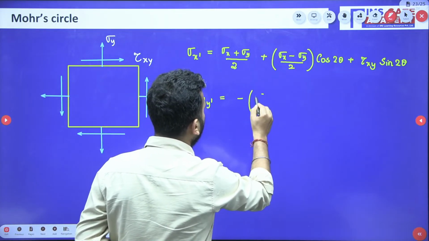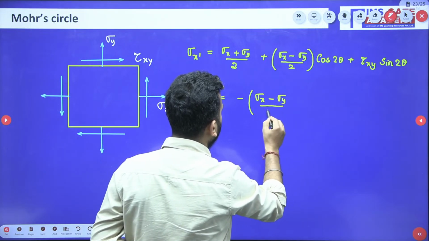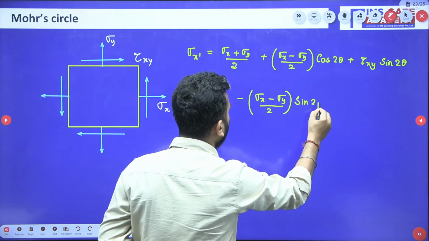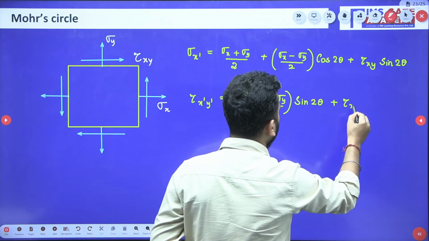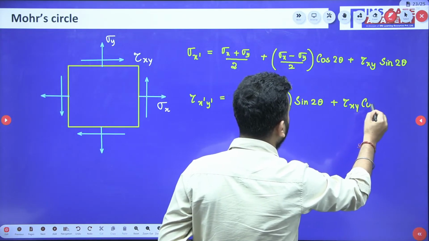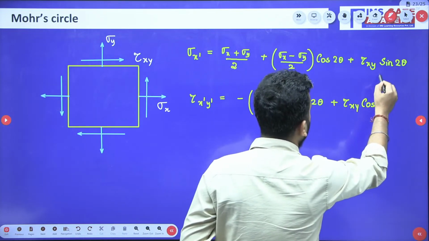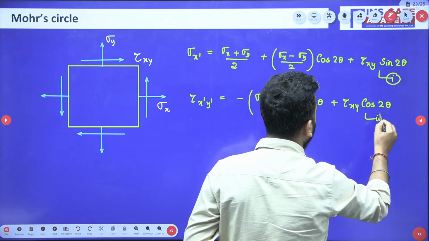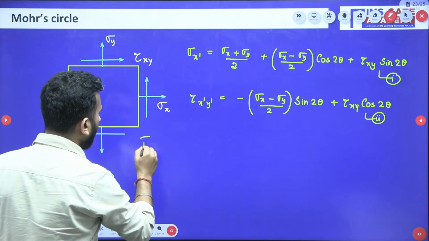Minus. So let this be your equation 1, let this be your equation 2. Now can I write it in this way?